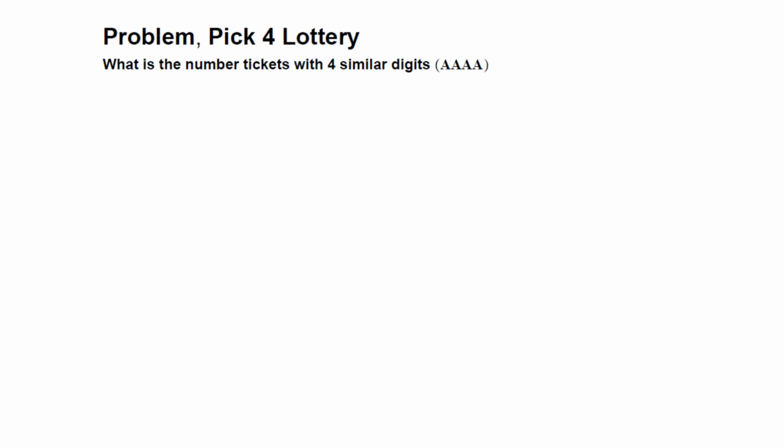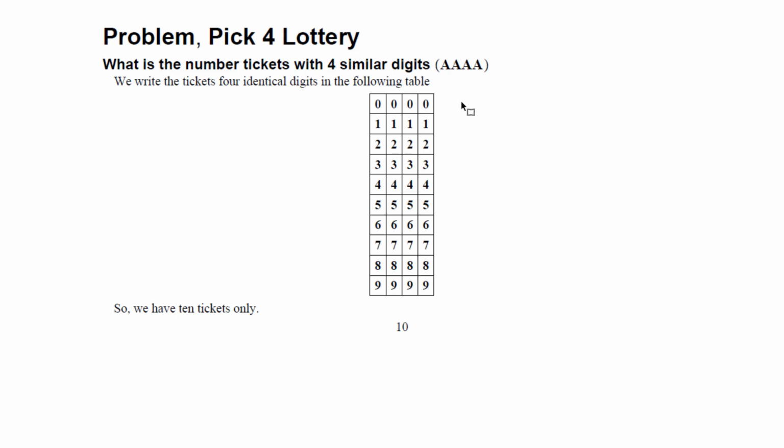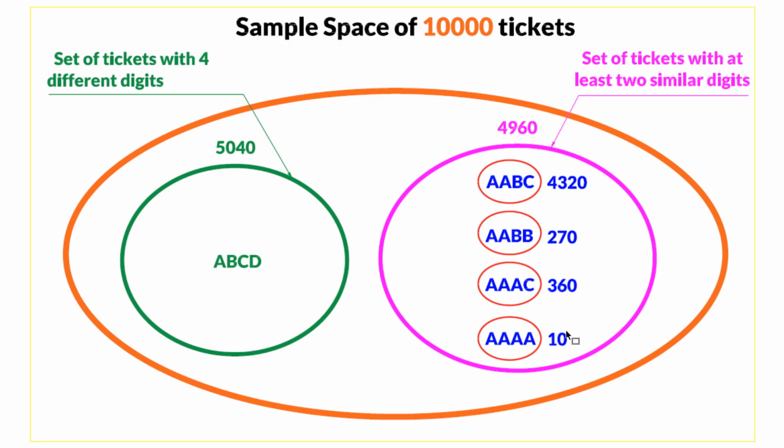Now what is the number of tickets with 4 similar digits such as AAAA? So this is very easy to be found. They are 10 tickets. So now we can find the last unknown in this subgroup, which is 10 here.